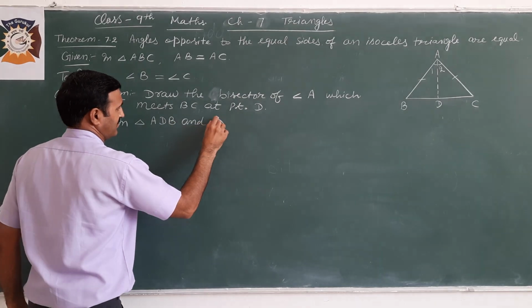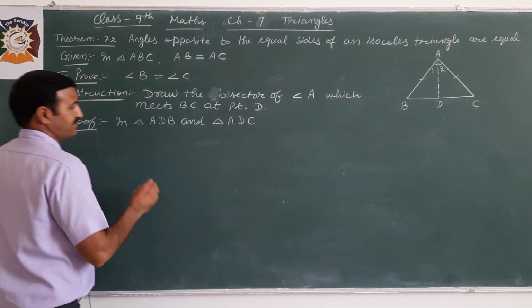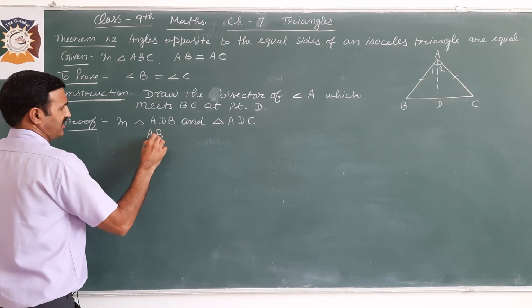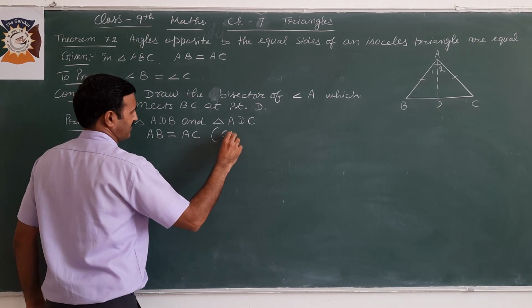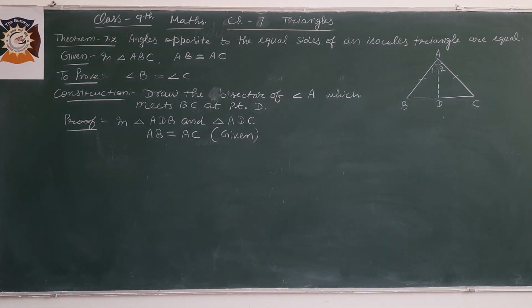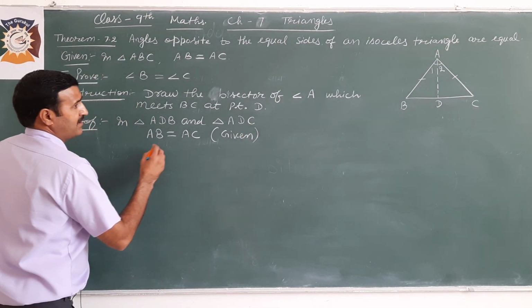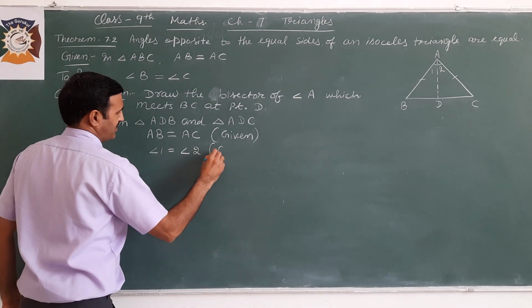So first of all, in triangle ADB and triangle ADC, AB is equal to AC, this is given. Angle 1 is equal to angle 2 from construction.